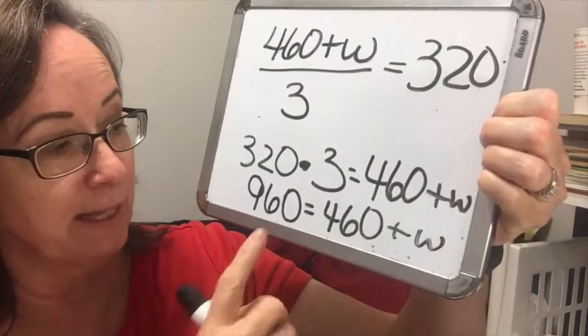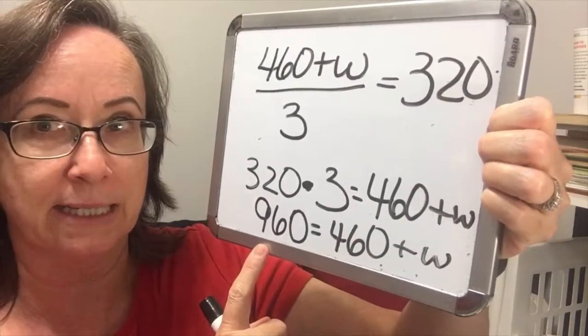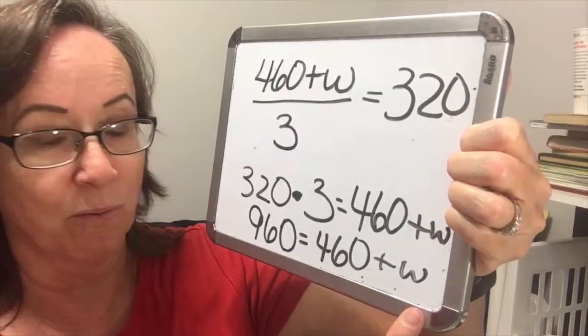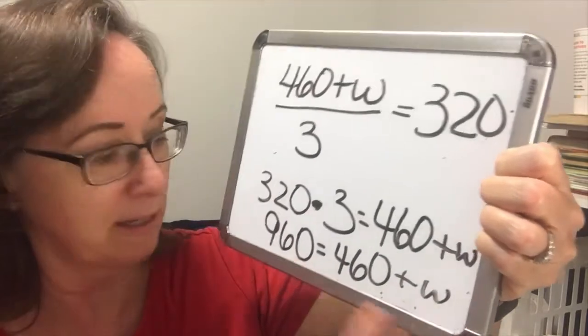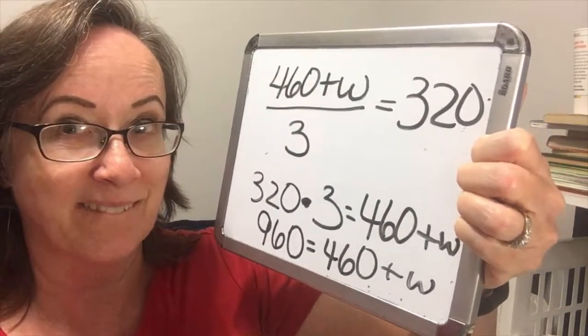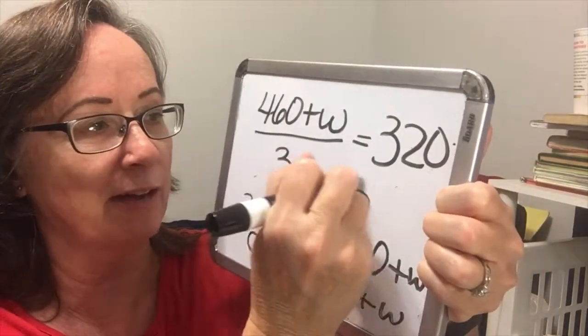Now let me ask you this. Can I just subtract the 460 from the 960 and find out that the third piggy weighed 500 pounds? Because isn't 960 take away 460 500 pounds? The third piggy weighs 500 pounds.